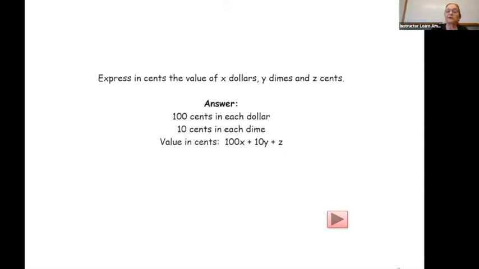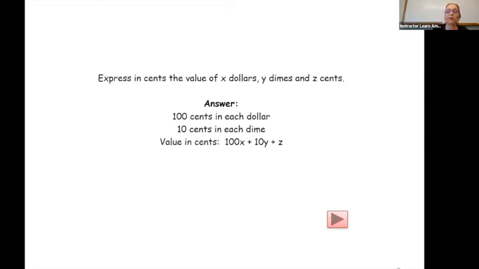Now, we know that there are 100 cents in each dollar, and we know there are 10 cents in each dime. So if you want to find the value of the different kinds of coinage, you can multiply the x dollars by 100, which is the number of cents in each dollar.